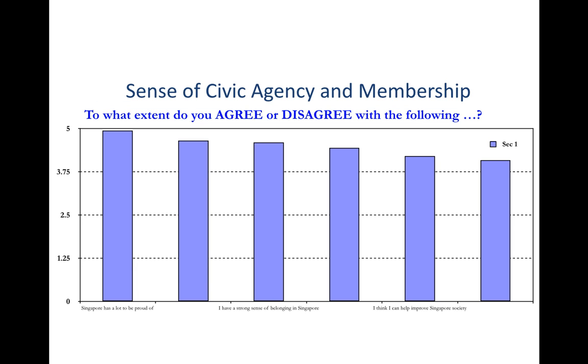So in this particular table, Singapore has a lot to be proud of has the highest score. This is for Sec 1 students. And then the lowest score here, for Sec 1, and unfortunately the text can't be seen, essentially this one says that I feel like a valued person in Singapore.